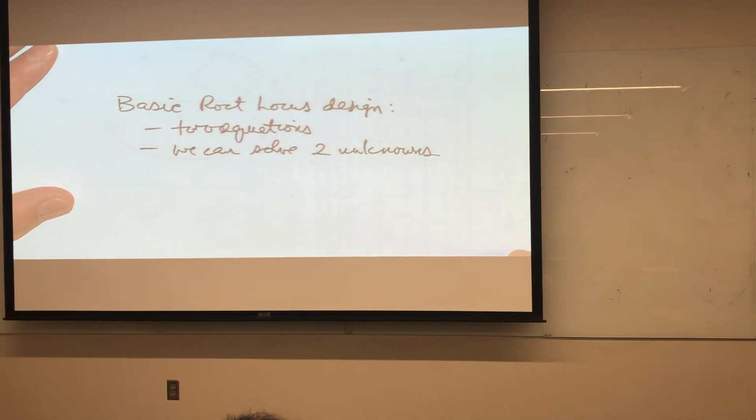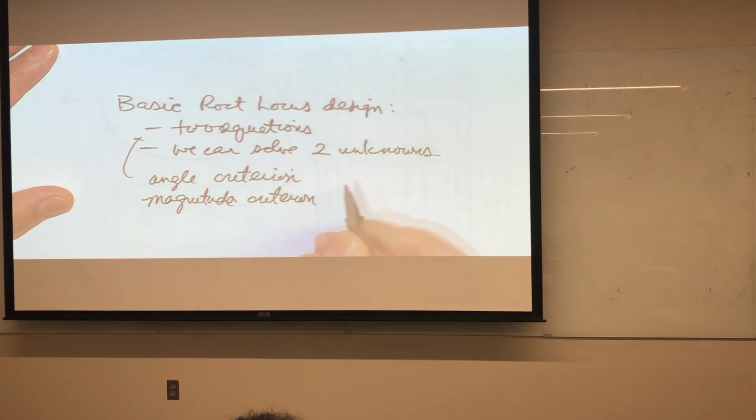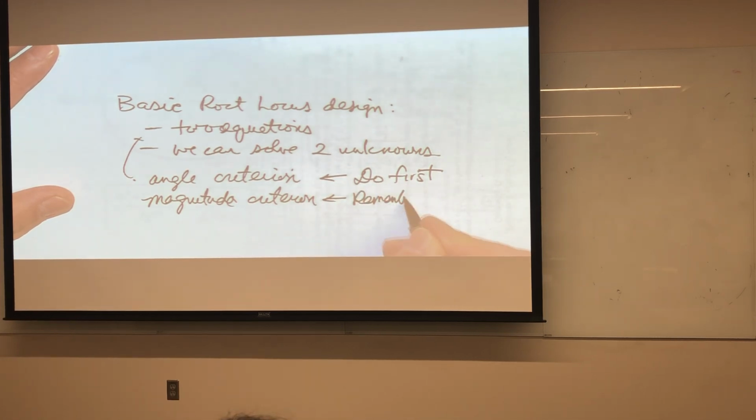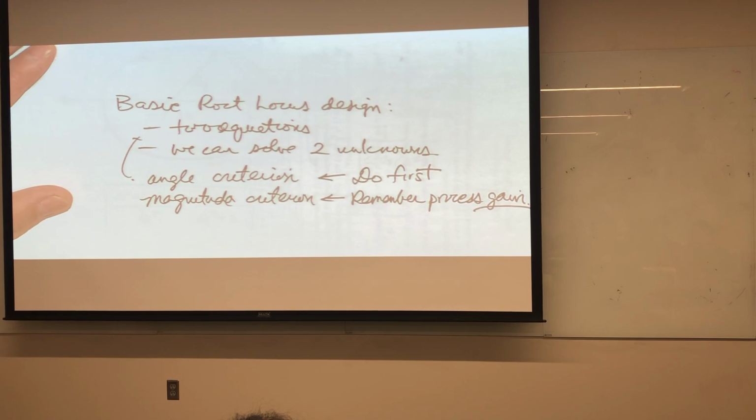The 2 equations are the angle criterion and the magnitude criterion. Always do the angle one first, and then on the magnitude criterion, remember the process gain, as I had forgotten today.